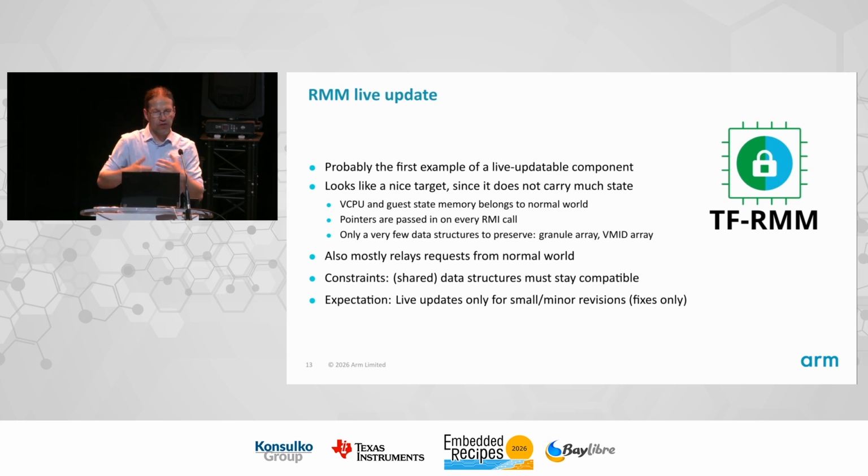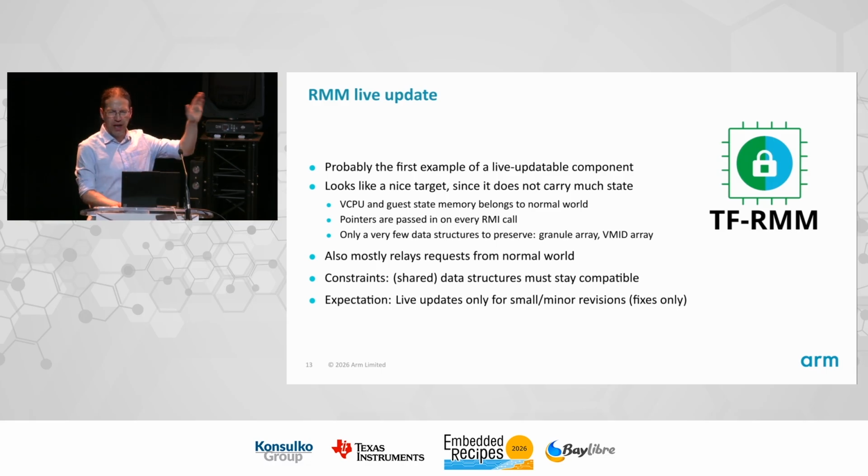So you don't need to preserve that state across the update. There is, however, some state in there, and we'll see in a second how we deal with that. Also, the RMM is mostly like a relay, where you relay stuff and it does it. The kernel calls into the RMM, it does something and returns, so it doesn't run on its own. That's why there's little state there.